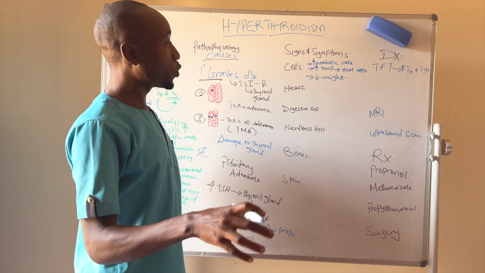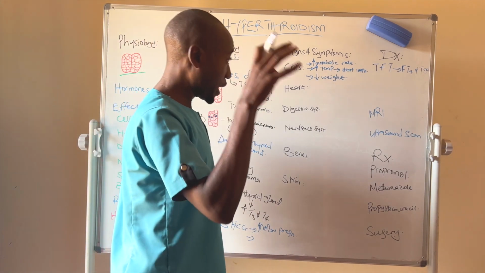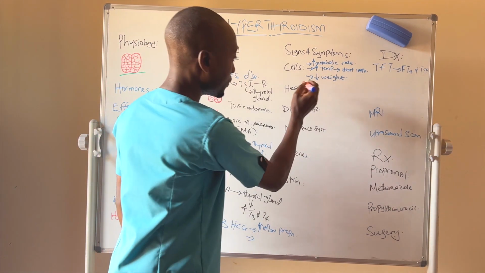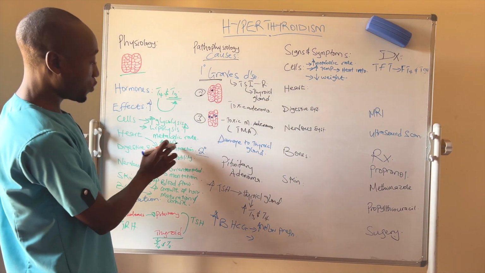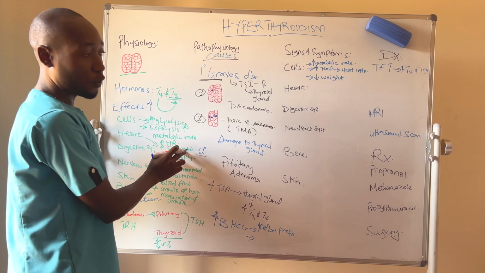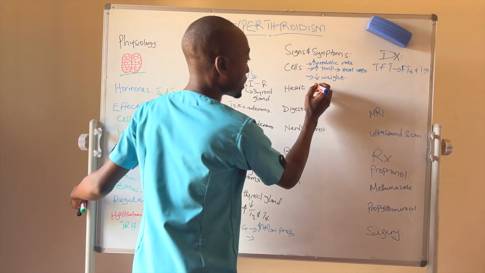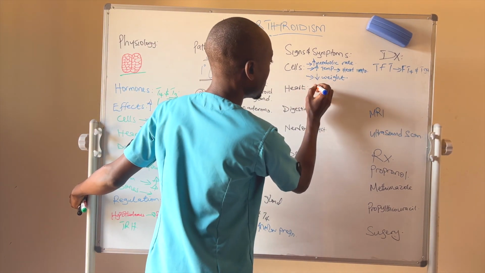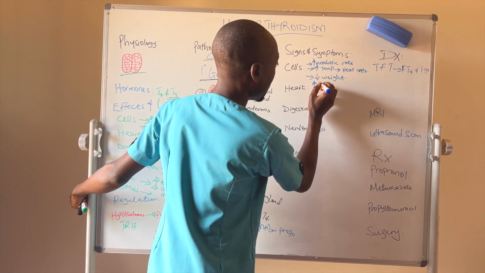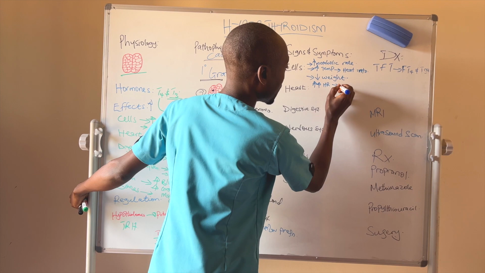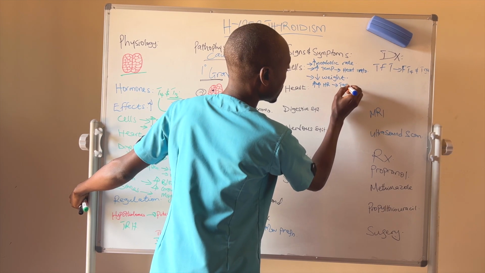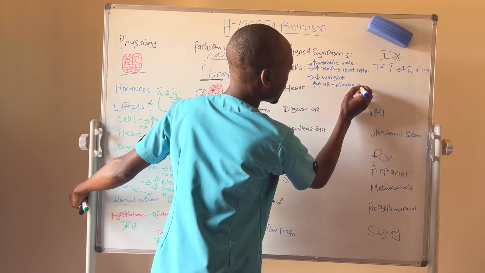Okay, so someone is going to lose weight, someone is going to be heat intolerant. And also here on the heart, we say that they are responsible to increase the heart rate and the force of contraction. So meaning this person with hyperthyroidism is going to have an increase in heart rate, okay? And this can actually lead to what we call tachycardia.